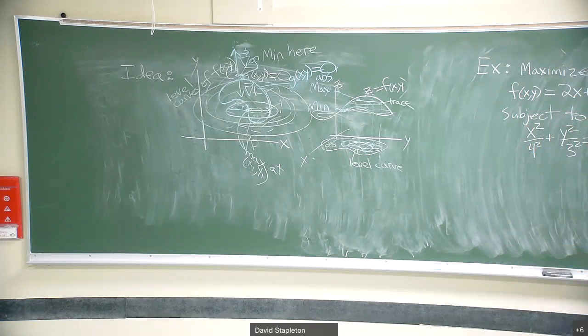It's really fun to draw these things out. It makes a whole lot more sense because that looks like a bunch of jumble, doesn't it? Well, what am I saying here? Maximize this function subject to this constraint.